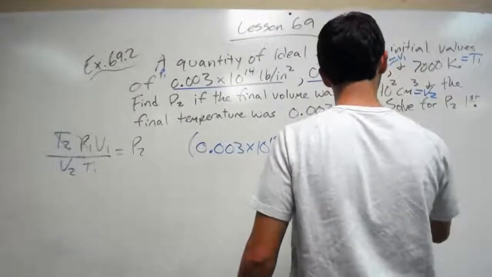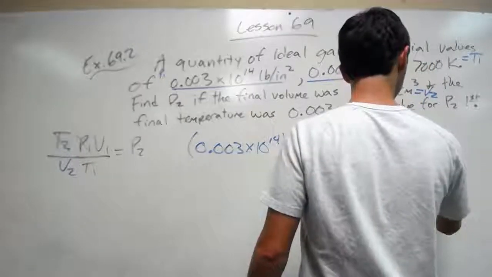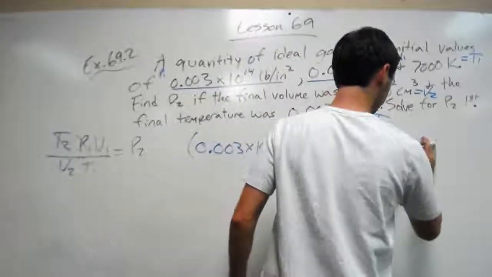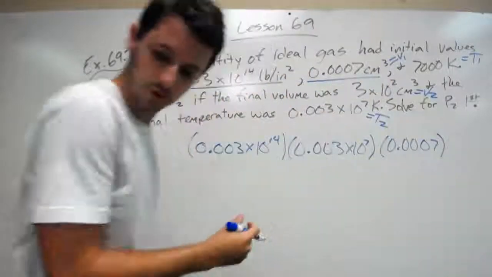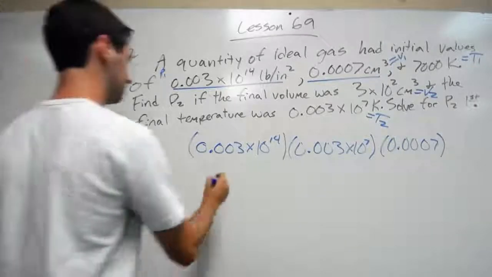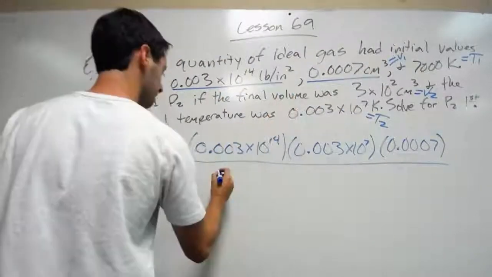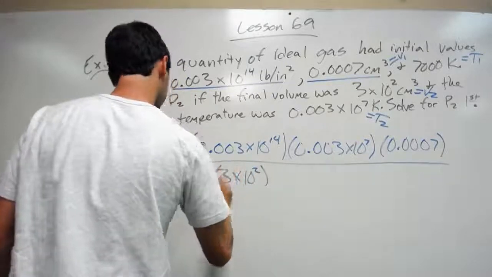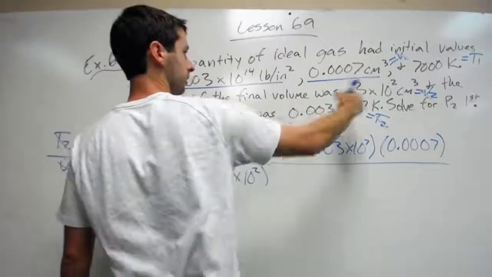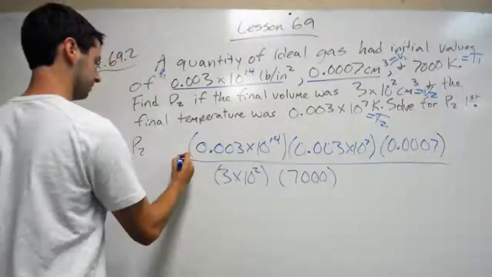Right here, times 0.0007. And then we have our volume 2. All this is in the numerator, and our volume 2 is 3 times 10 squared, leaving our temperature 1 of 7,000. And all this equals P2.